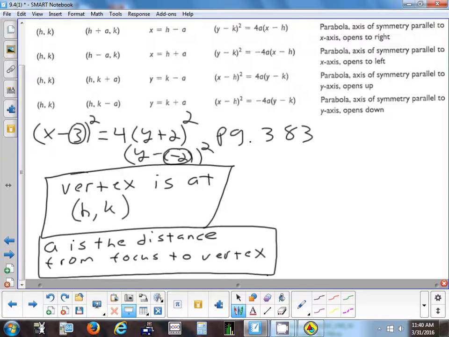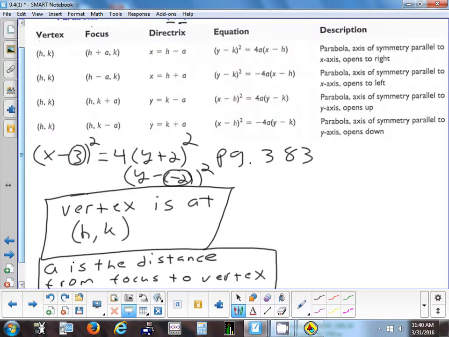You could also think of it as the distance from the vertex to the directrix as well. That's the same distance. But vertex is not necessarily at the origin anymore. And you have this whole table on page 383. So if you need it, we'll just look it up right there.